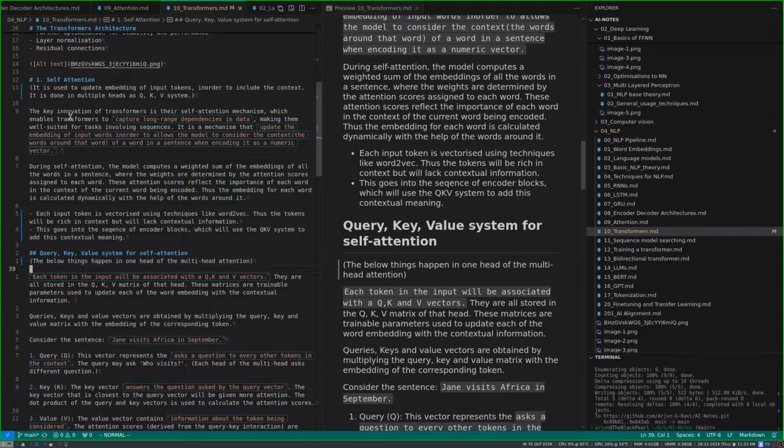Okay, so what happens in self-attention? So for self-attention, we take in the QKV. So update the embedding. So what is the embedding?